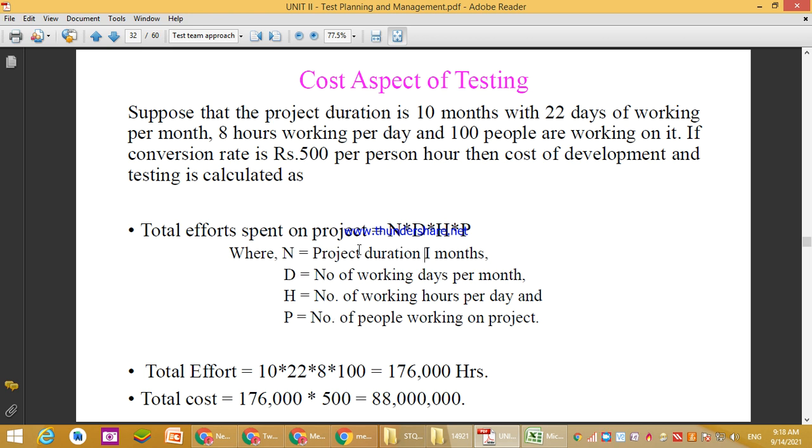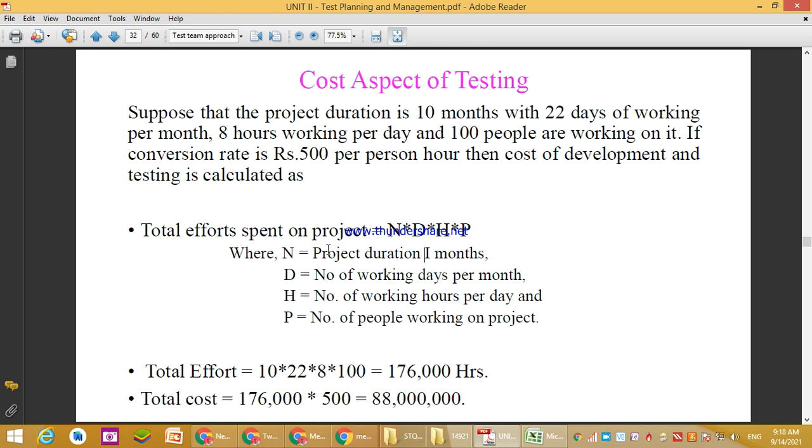When we multiply all these factors, we get the total effort spent on the project, which is in hours.